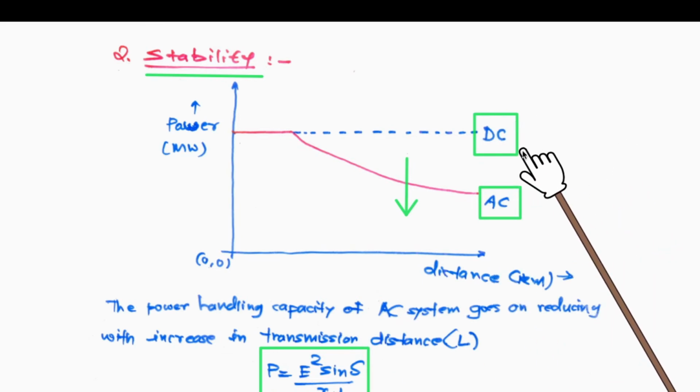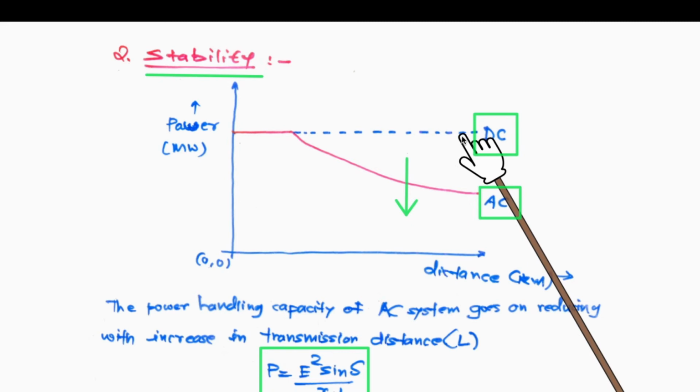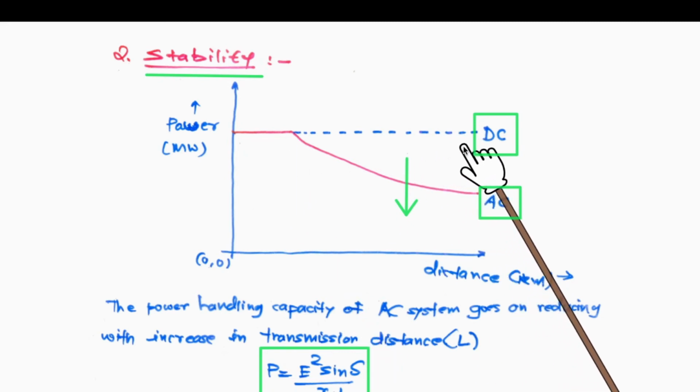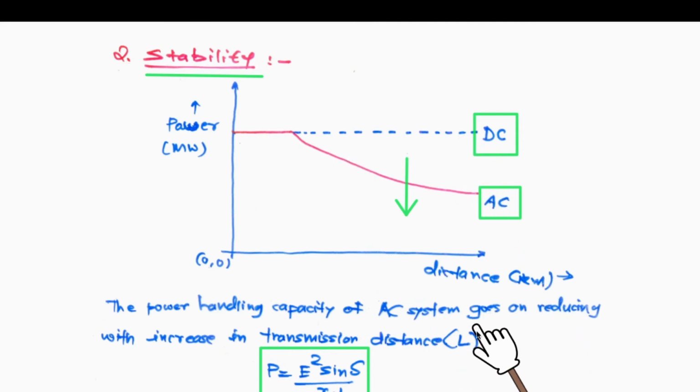That is why it is said that DC will be able to transmit power for long distances. The power handling capacity remains nearly constant here. Very flat profile, right? Not only this, the power angle in case of AC power transmission goes on increasing with the transmission distance.